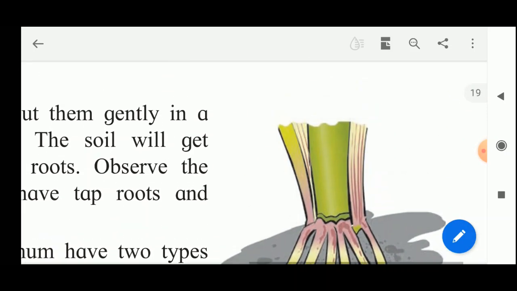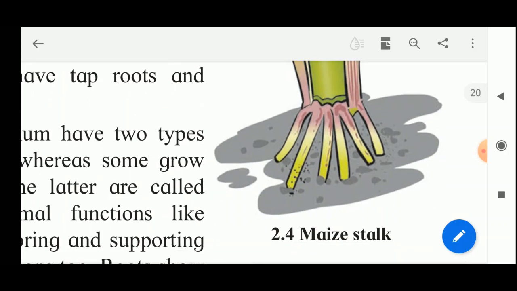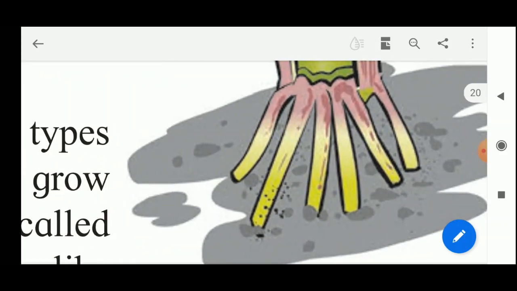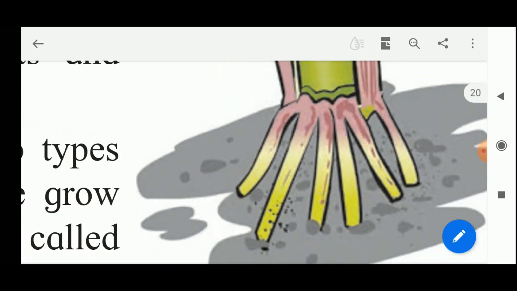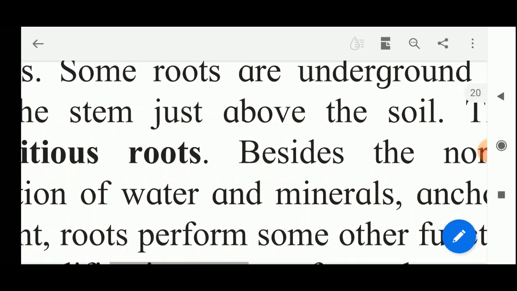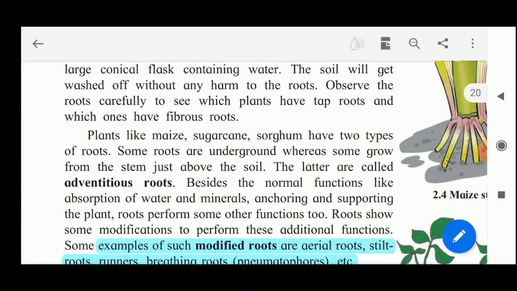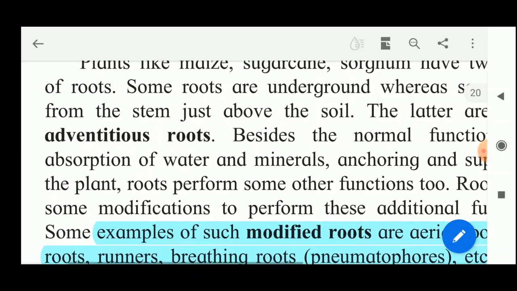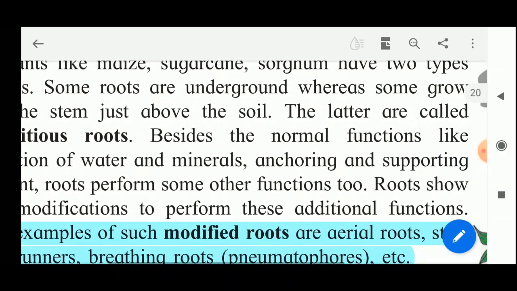Now see here, this is the maize stalk, or even the sugarcane plant. You can see that these roots here are just above the ground, so they are called adventitious roots. Now, besides the normal functions like absorption of water and minerals, and anchoring and supporting the plant, roots perform some other functions too.